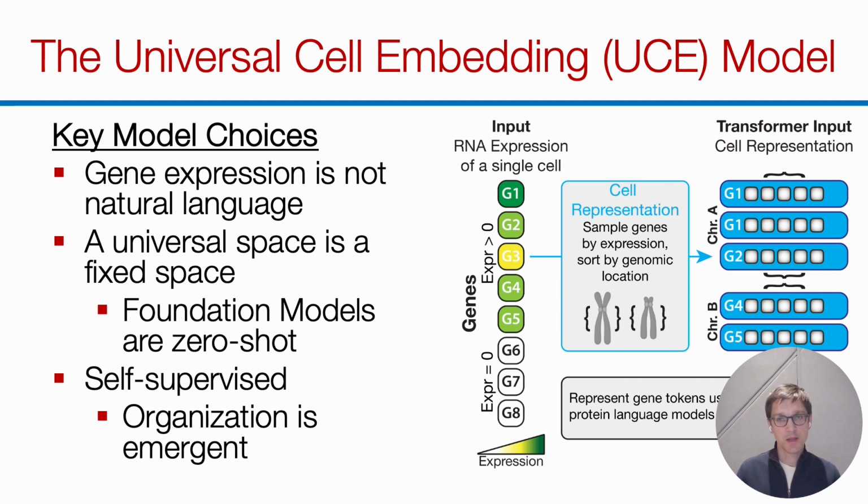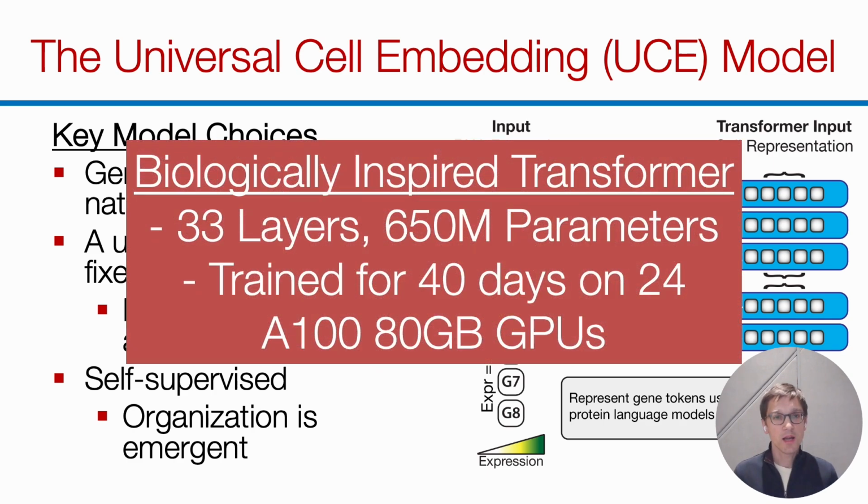And then we send the sequence of genes, as encoded by their corresponding protein embeddings, into the large transformer architecture to then be able to predict the gene expression level of other genes that the model has not seen. It's a transformer architecture, 33 layers, 650 million parameters, trained on 24 A100 GPUs for about 3 weeks.